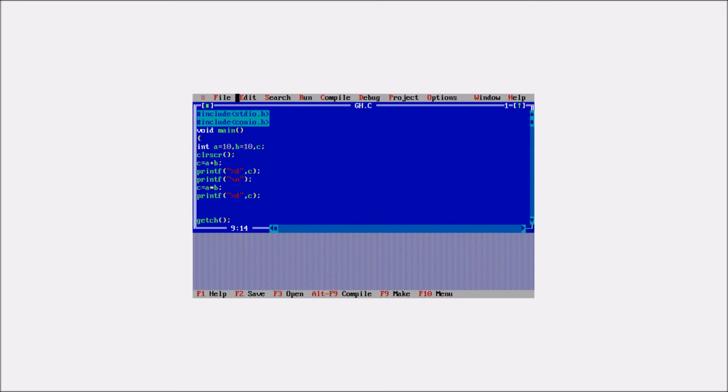So we must check this in the Turbo C compiler, writing the program in the Turbo C editor.